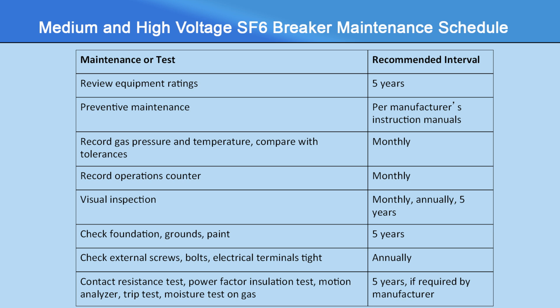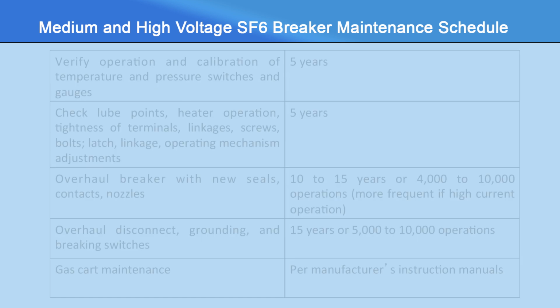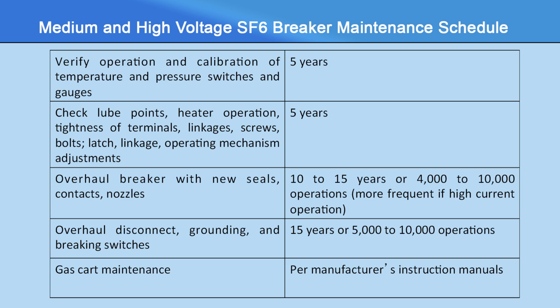Next is check external screws, bolts, electrical terminals, etc., which is performed annually. Next is contact resistance test or power factor insulation test, motion analyzer, trip test, moisture test on gas, which is performed every 5 years if required by manufacturer. Next is verifying operation and calibration of temperature and pressure switches and gauges, which is performed every 5 years.